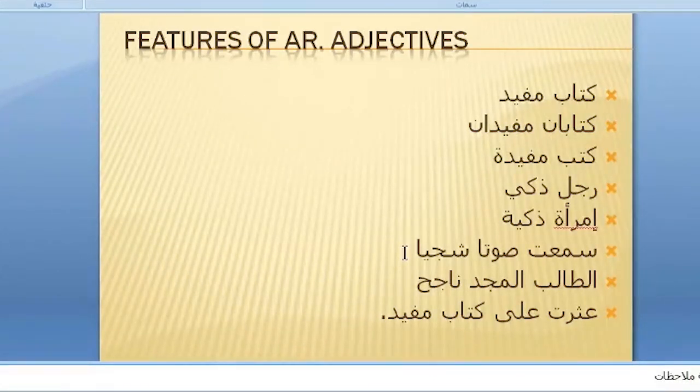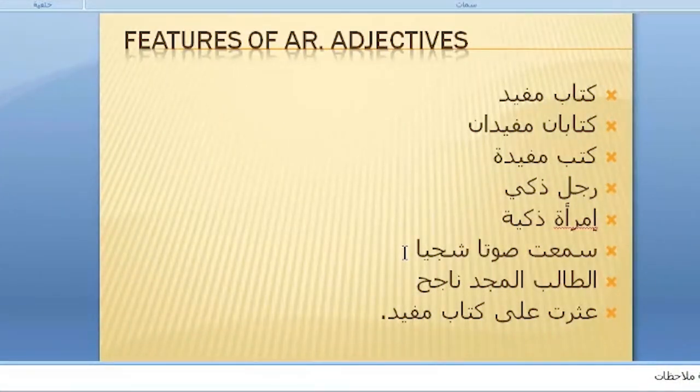So we can say I heard a melodious voice. طبعا again in English, voice is an object, أيضا مفعول به. It is modified by the adjective melodious, which is within this noun phrase.